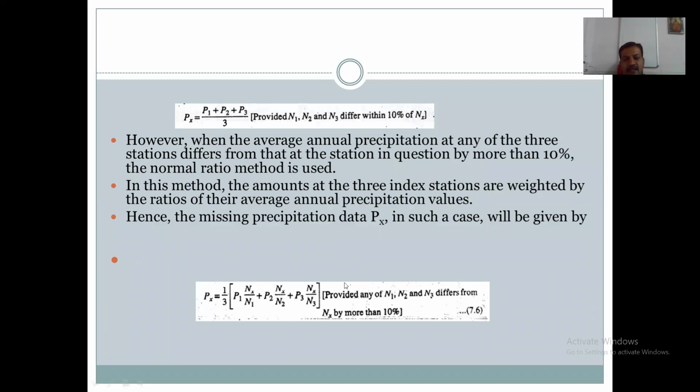And when the average annual rainfall differs by more than 10%, in that case, this formula is used. Px is equal to 1 by 3 into bracket P1 into Nx by N1 plus P2 into Nx by N2 plus P3 into Nx by N3.